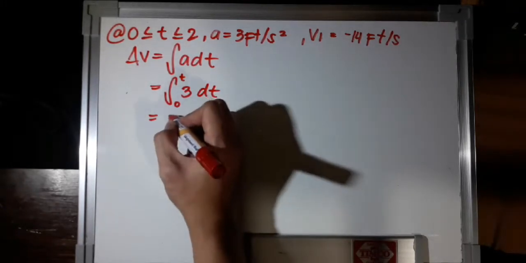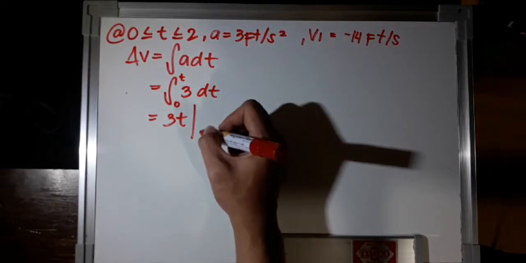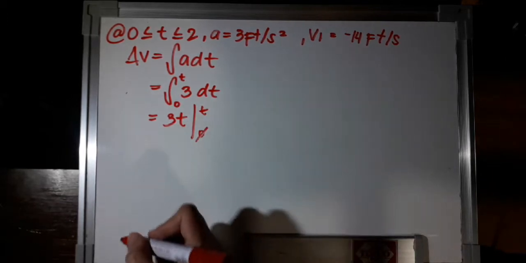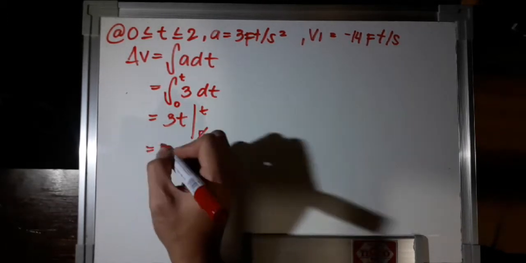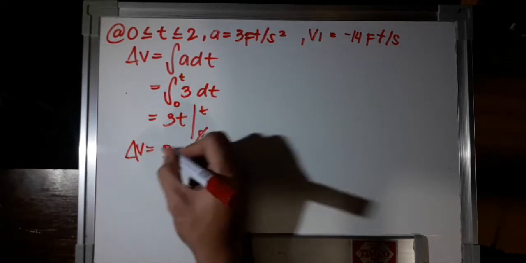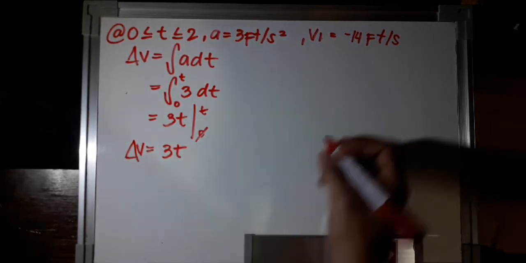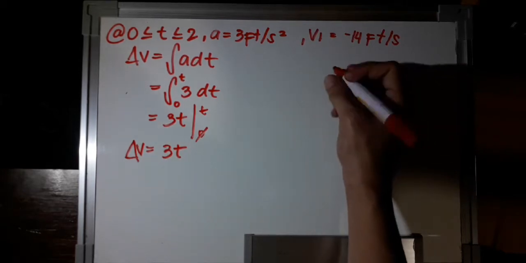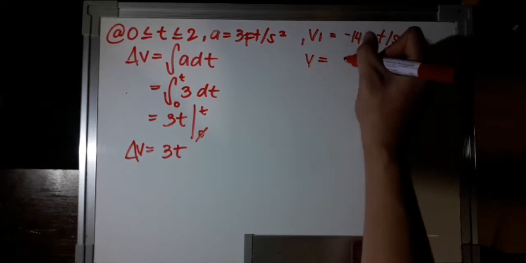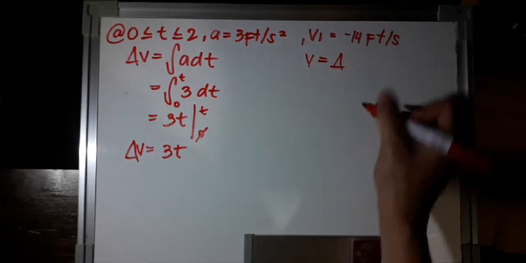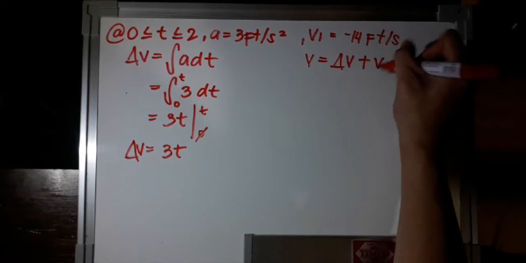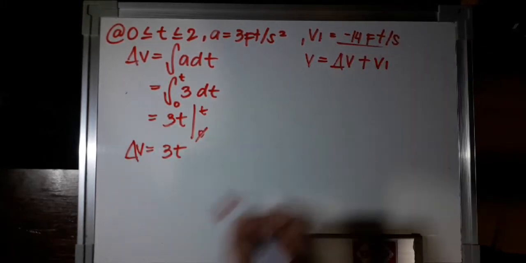So this will become 3t, from 0 to t. Since this lower limit is already 0, we are not going to do anything about that. So the value of our change in velocity is equal to 3t. Another formula, in order for us to get the velocity, is we sum up the change in velocity and the initial velocity, which is negative 14.